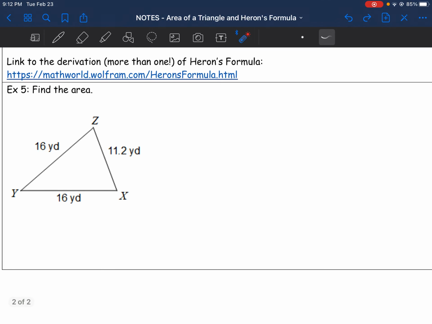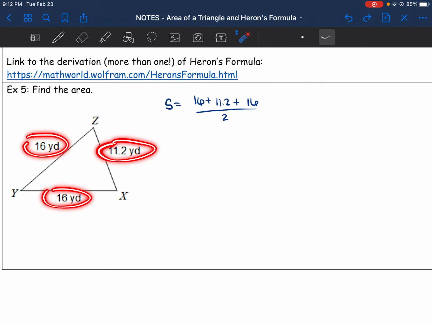Let's see this in action here. So in our 5th and final example for the notes, we have a side, side, side triangle. Let's go ahead and use Heron's formula. The first thing we want to do is calculate the semi-perimeter. The semi-perimeter s is going to be the sum of all the sides, the perimeter, 16 plus 11.2 plus 16, divided by 2. That's going to give us a semi-perimeter of 21.6.